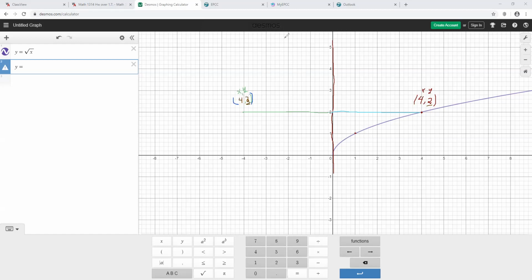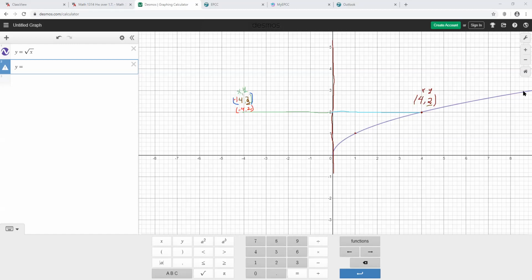The 4 is kind of the same, but it's simply multiplied by a -1. And that becomes -4, 2. So the same idea for any other point.